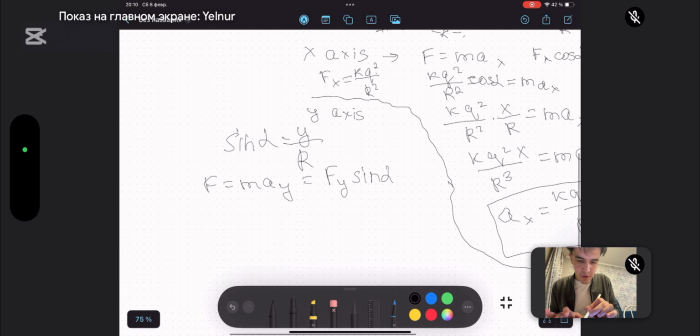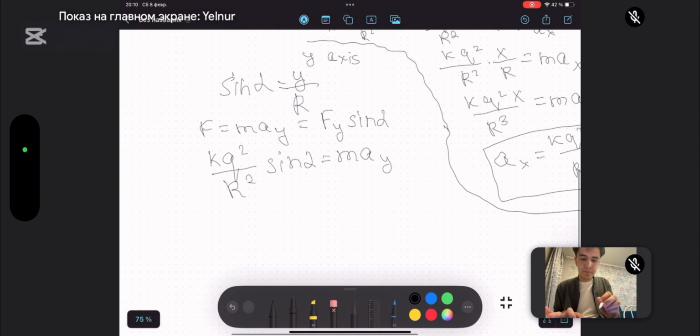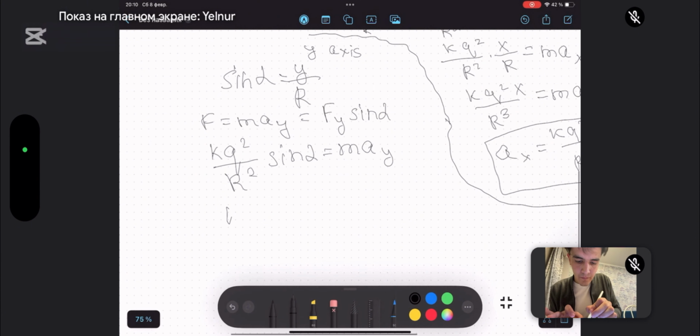Then we put kq square over r square instead of F y, and we know this is our Coulomb's law, and sine alpha will be equal to m a y.